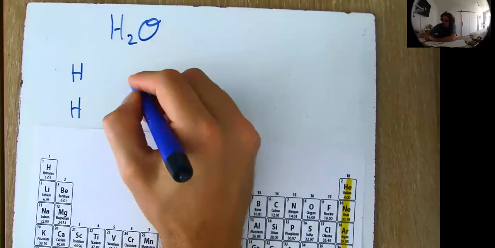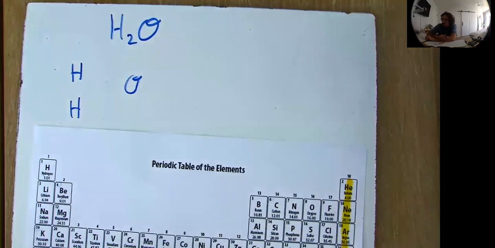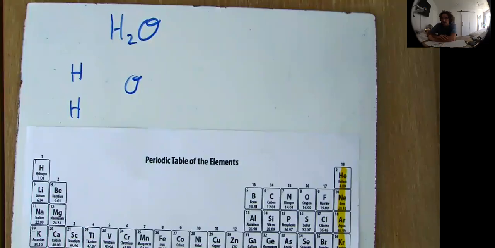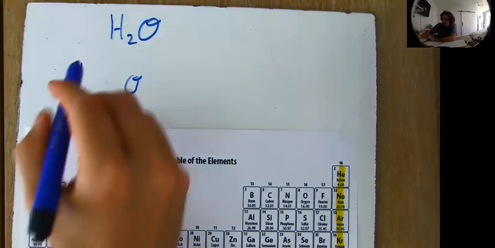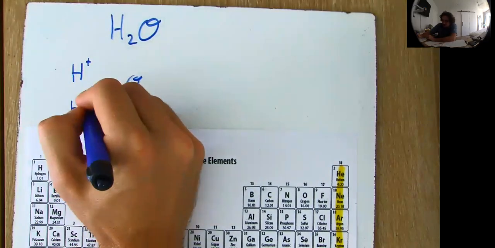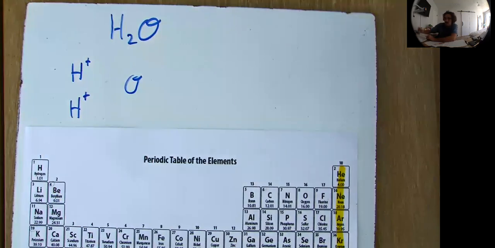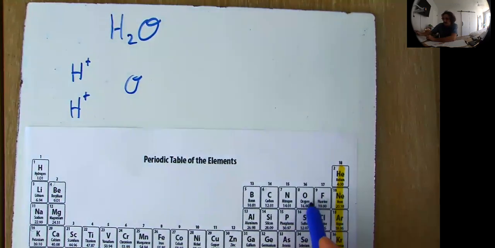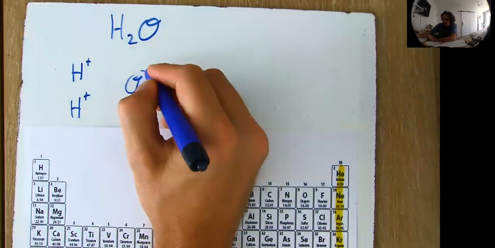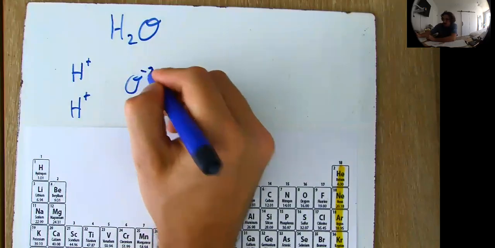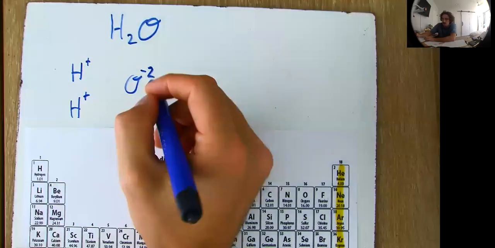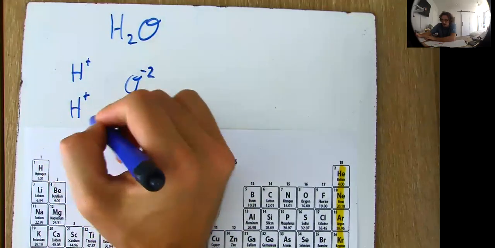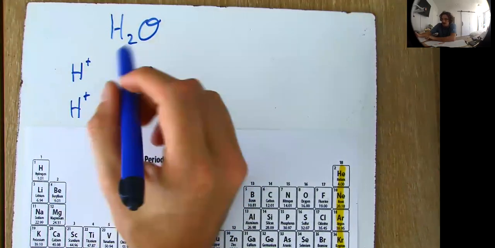There's 1 oxygen. So what are the charges on hydrogen and on oxygen? If you follow the rules, you'll know that hydrogen has a +1 charge, and an oxide ion has a -2 charge. These show the charge is balanced. So since the charge is balanced, we can have an ionic compound.